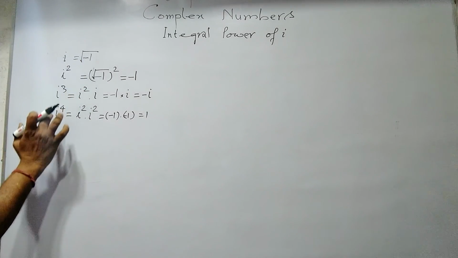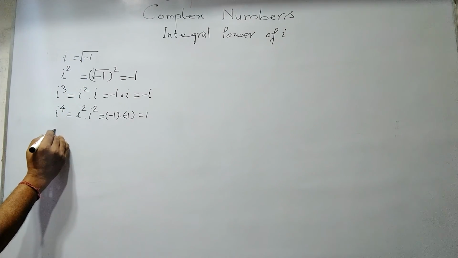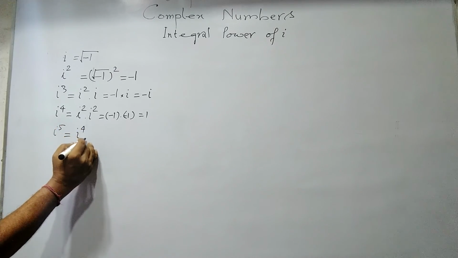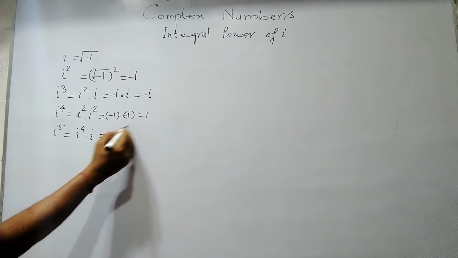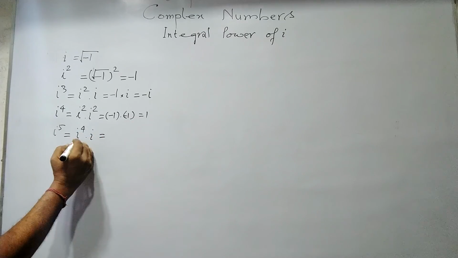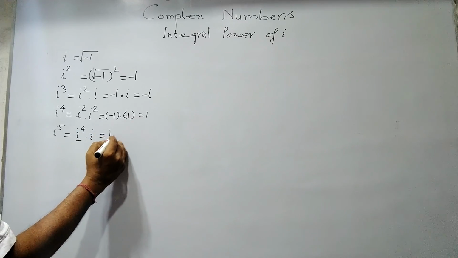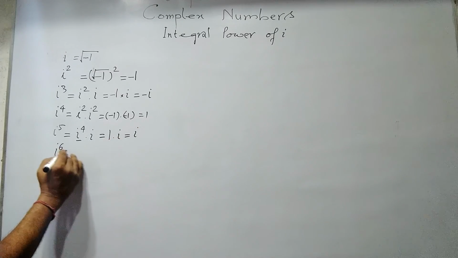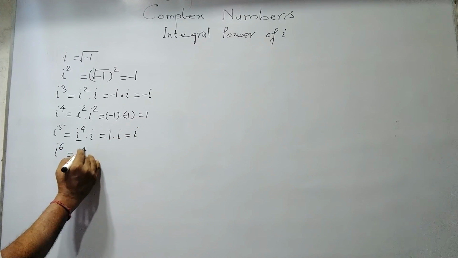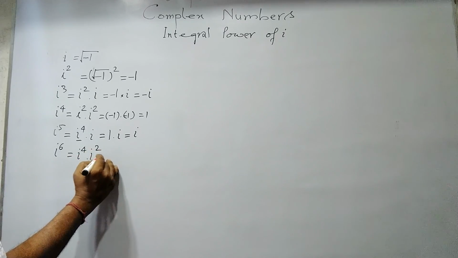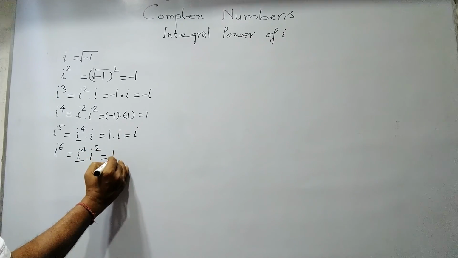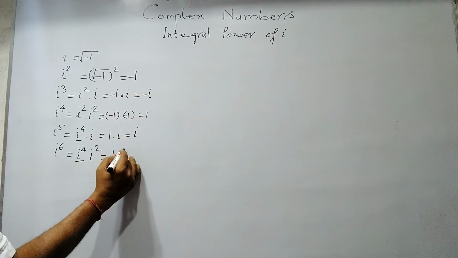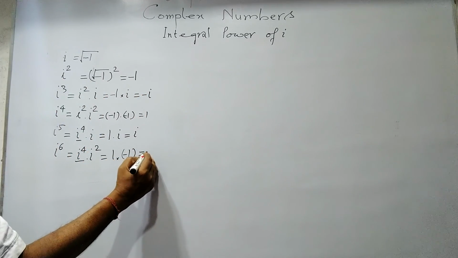i square, i cube, i4. Let us talk also about i5. i5 can be written as i4 into i. And we know that i4 equal to 1, so 1 into i, that is i. i6, that is i4 into i square, that is 1 into minus 1, that is minus 1. Okay?